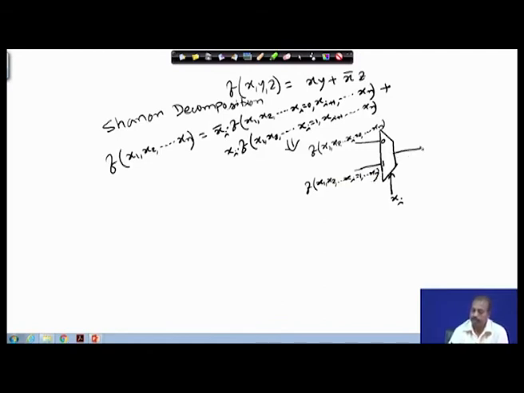Then again this function can be decomposed using Shannon decomposition around another variable. So, that way it goes on.